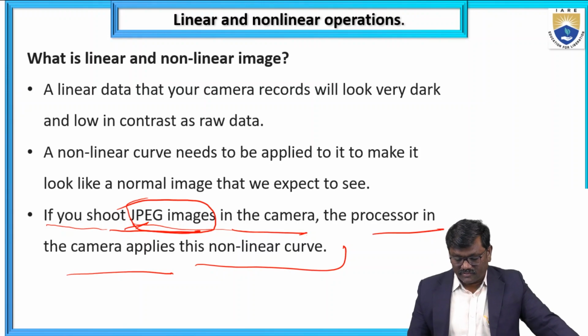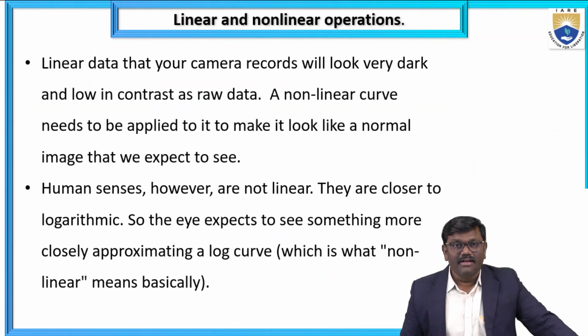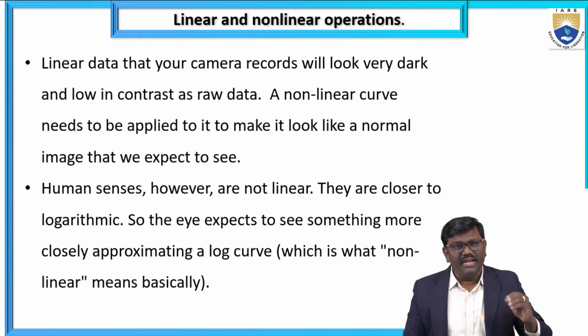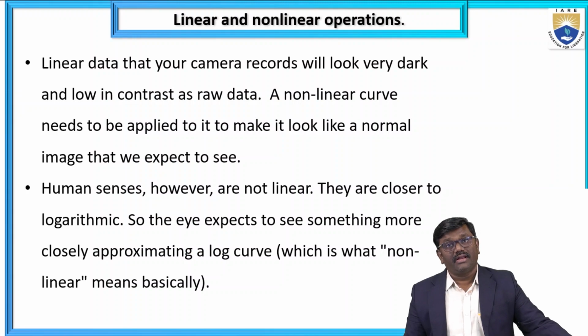Linear data that your camera records looks very dark and low in contrast as raw data, and that we can convert.